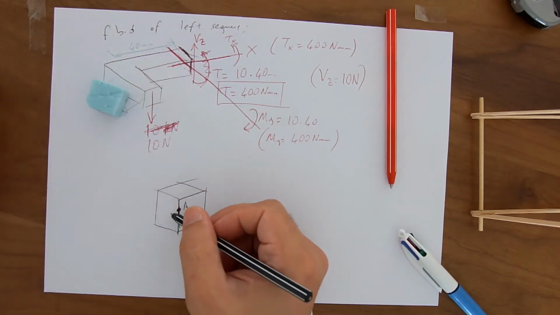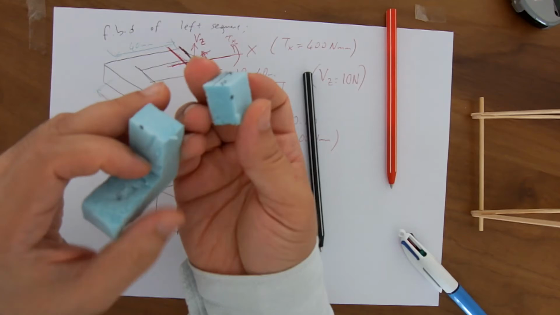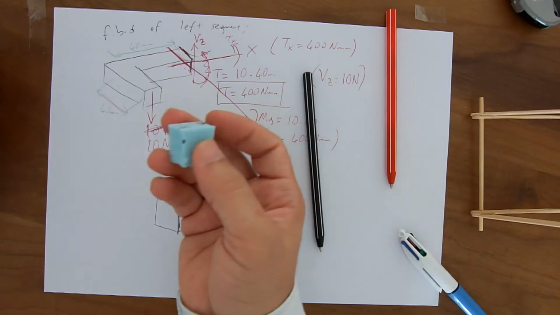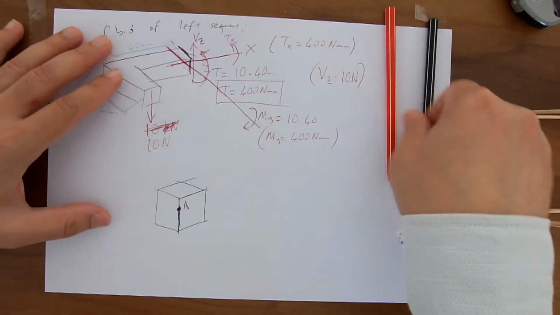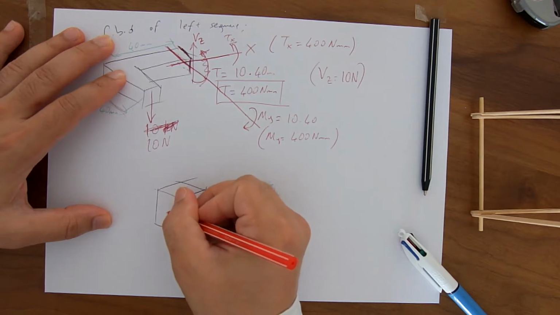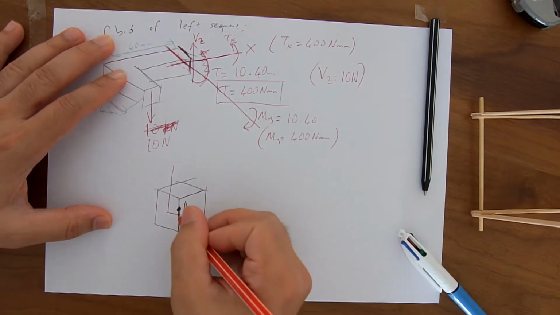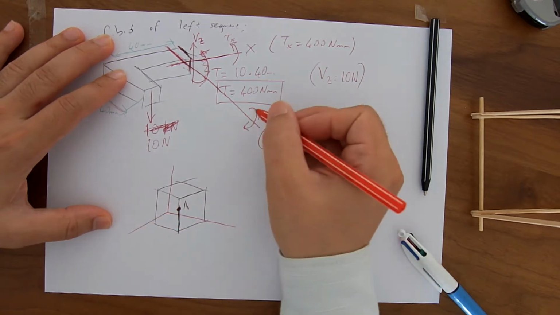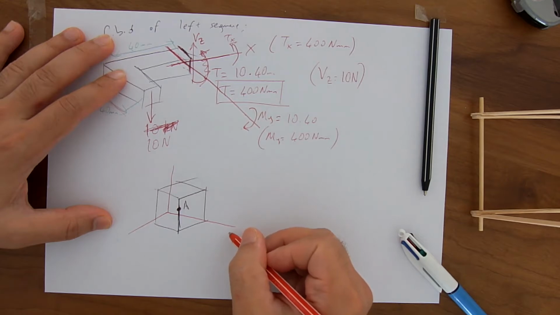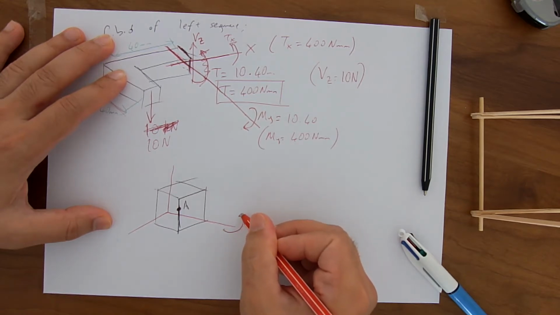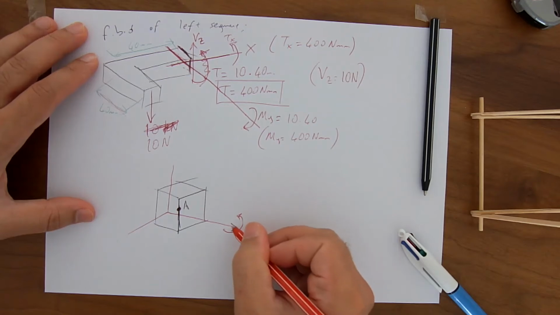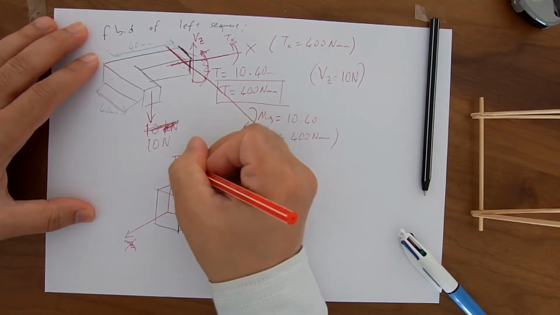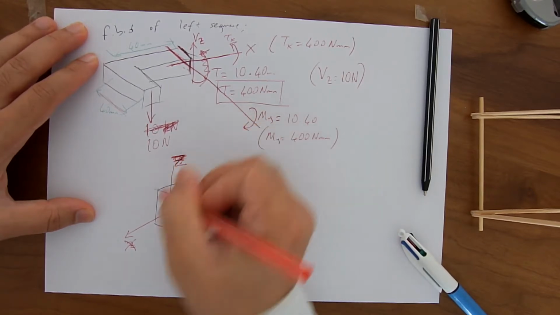The internal loadings are the same on the opposite face, the same magnitude, but the directions are opposite. Therefore, the internal loadings I want to show here are in the opposite direction. So if My was like this, in this case My will be like this. This is y-axis, this is z-axis, sorry, x-axis, this is y-axis, z-axis.